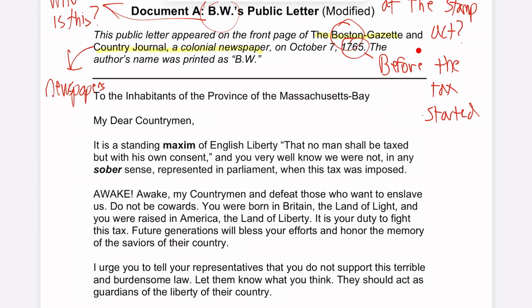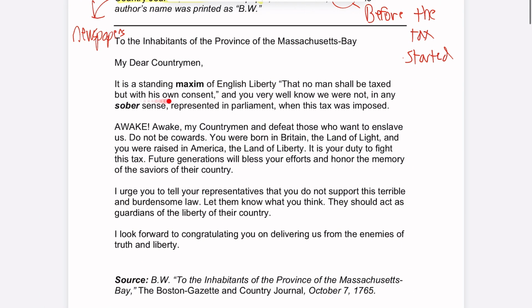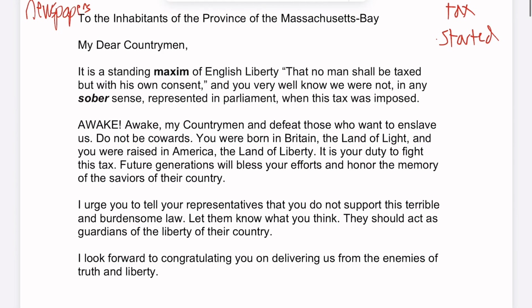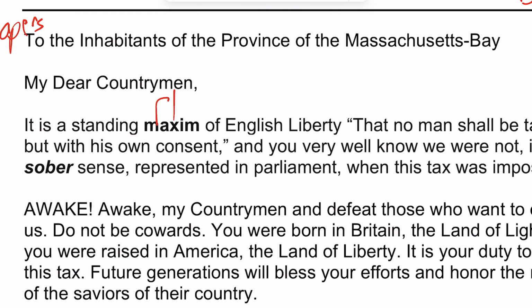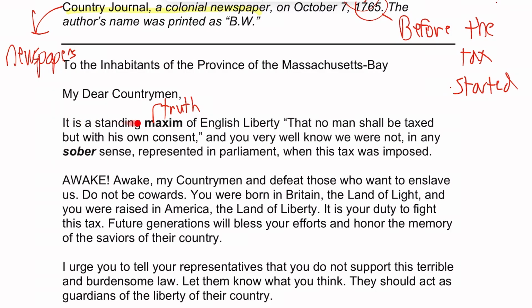So here's what the letter says. To the inhabitants of the province of Massachusetts Bay, my dear countrymen, it is a standing maxim, which is just a truth, a standing truth of English liberty, that no man shall be taxed but with his own consent.